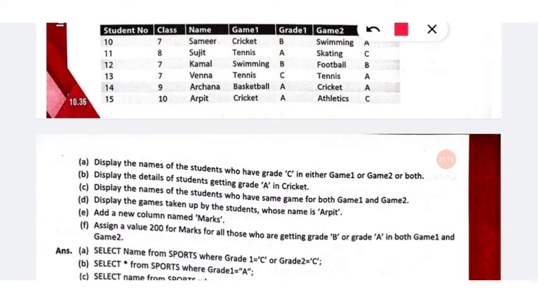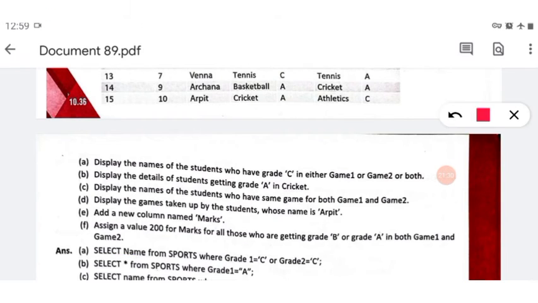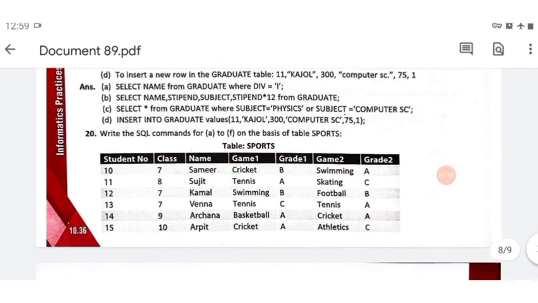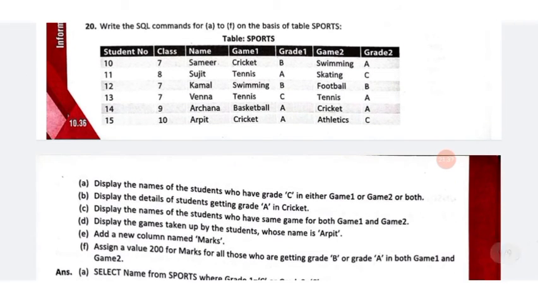So here we can use the select statement. We need only the names of the students. So in the select command, select name from sports. So you can see here there are two columns for game 1 and game 2 as two different columns, and there are grade 1 and grade 2 which are another two set of columns.